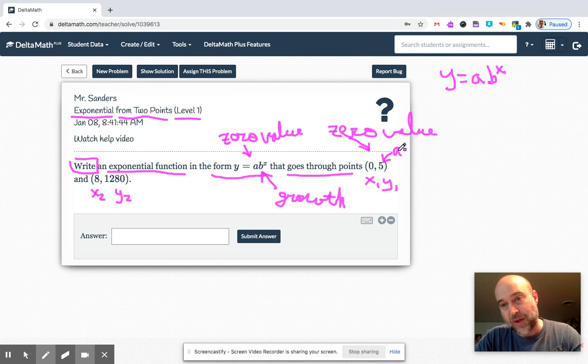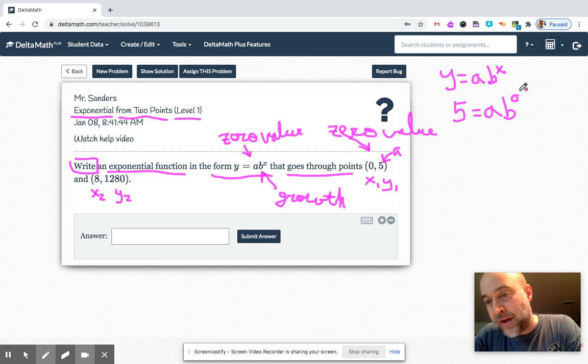All right, so if we just plug things in, because we're looking for a and b, those are our constraints. So a is, let's just plug things in. So the y is 5. And I'm just plugging this in for x1, y1, first point. All right, so y is 5, a is what we're looking for, b is what we're looking for, and our x is 0.